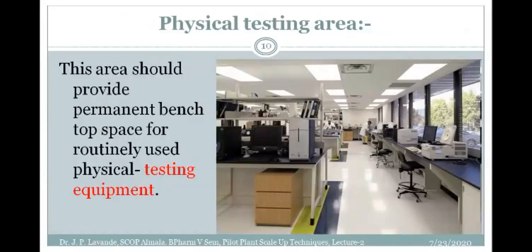So all kinds of testing equipments that are regularly required, right from say weighing balance, UV, IR, NMR, thermal testing equipments, DSCs, flame photometers, all these equipments should be placed in the physical testing area.